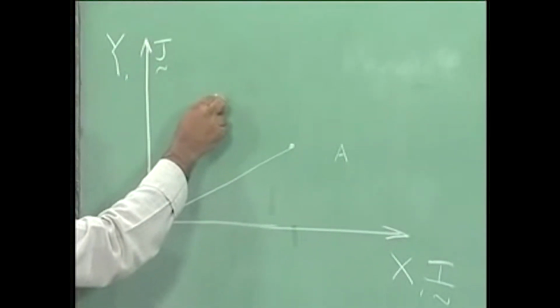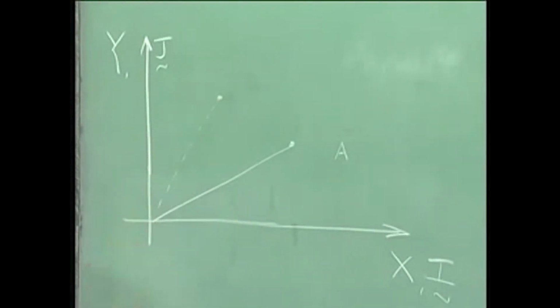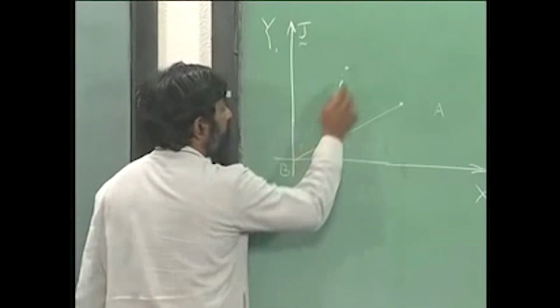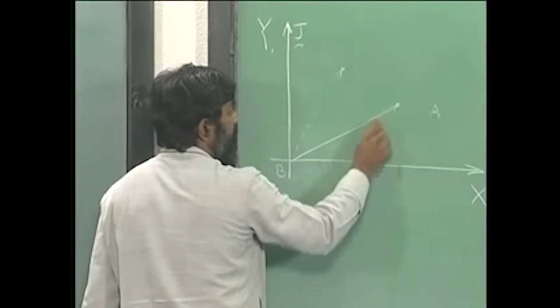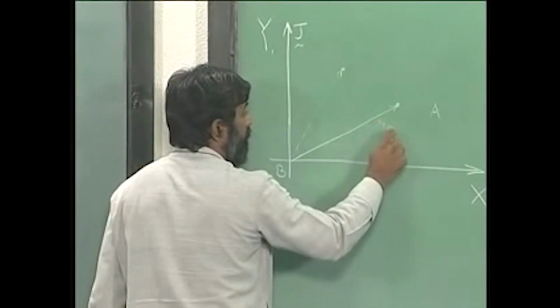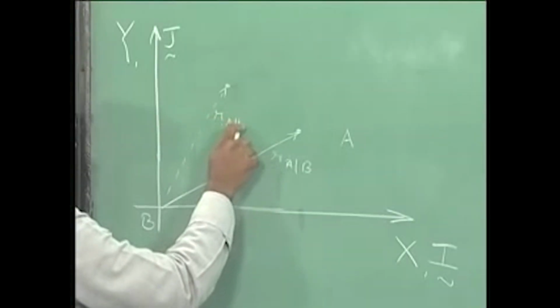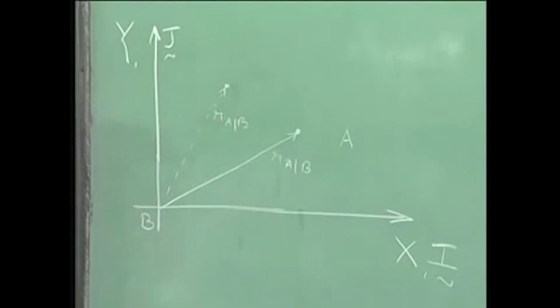Supposing the point A comes over here, this also comes over here. If this is B, this is R of A with respect to B after it has moved.